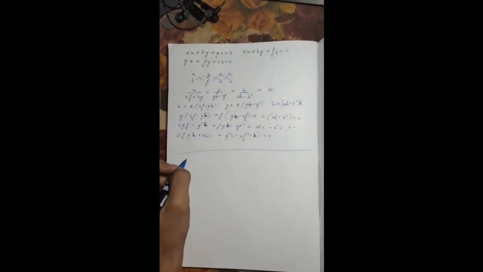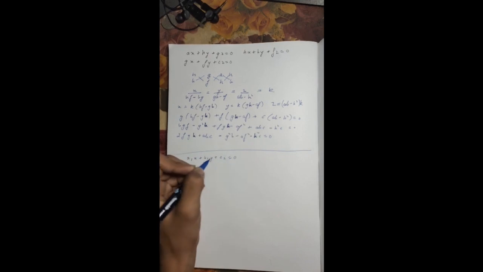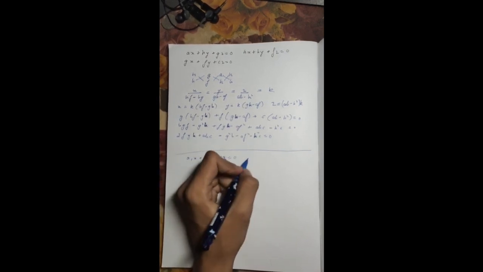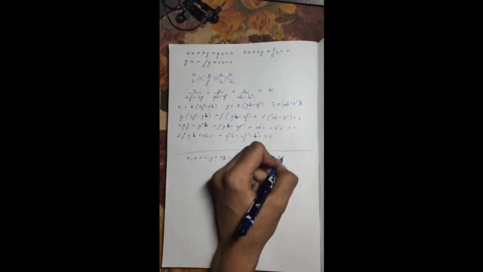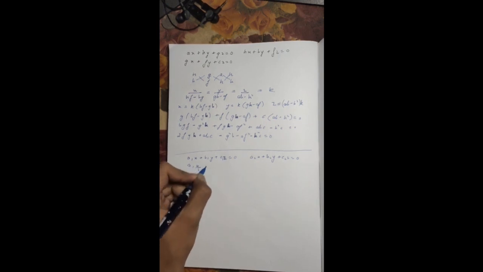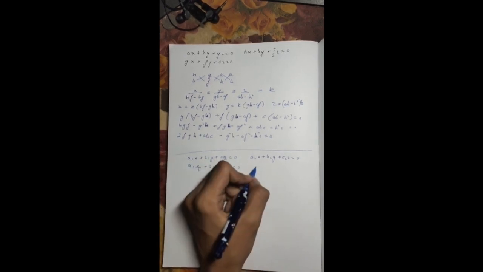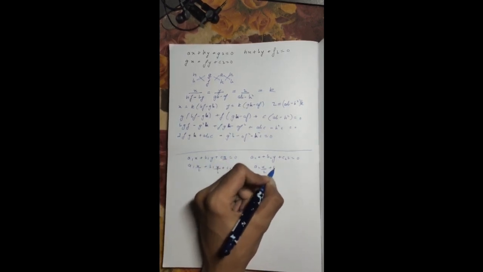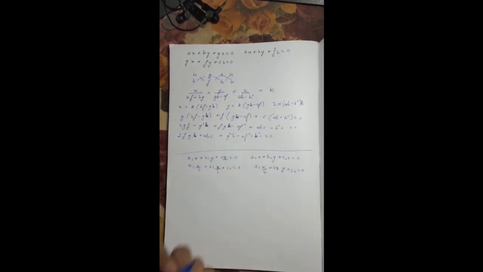Suppose that there was this equation a1x plus b1y plus c1z is equal to 0, and a2x plus b2y plus c2z is equal to 0. We'll divide both the equations by z, and we'll write it here like this: 0 and a2x over z plus b2y plus c2 is equal to 0 over z.